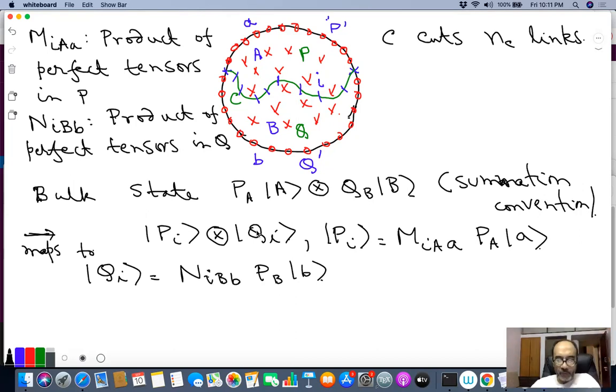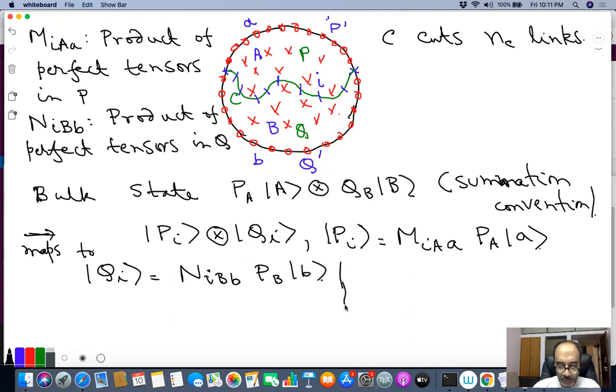So from this, we can calculate the density matrix for this state. Everything is in the boundary now, because this is really a state in the boundary. Even though it's labeled by P, Q, and I, the actual state is in the boundary because you can see that it's a map. This is a state in the boundary, and this is also a state in the boundary.